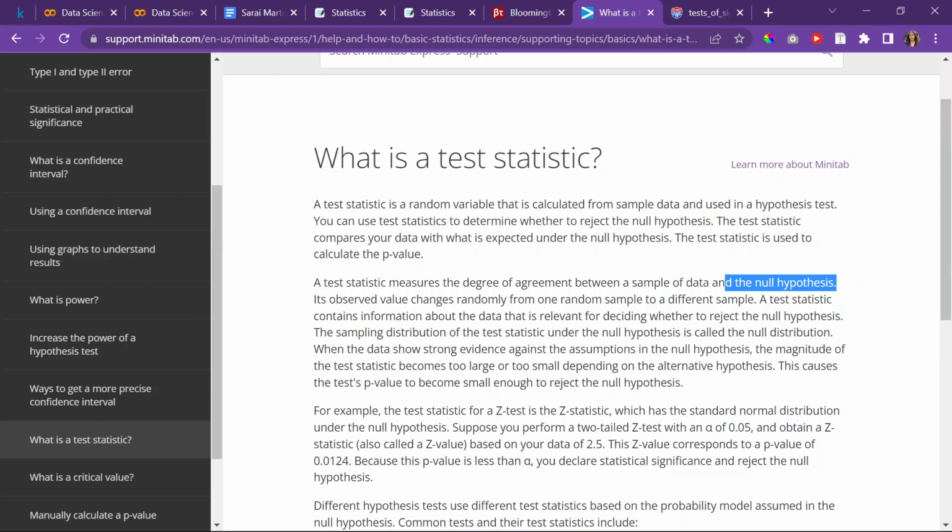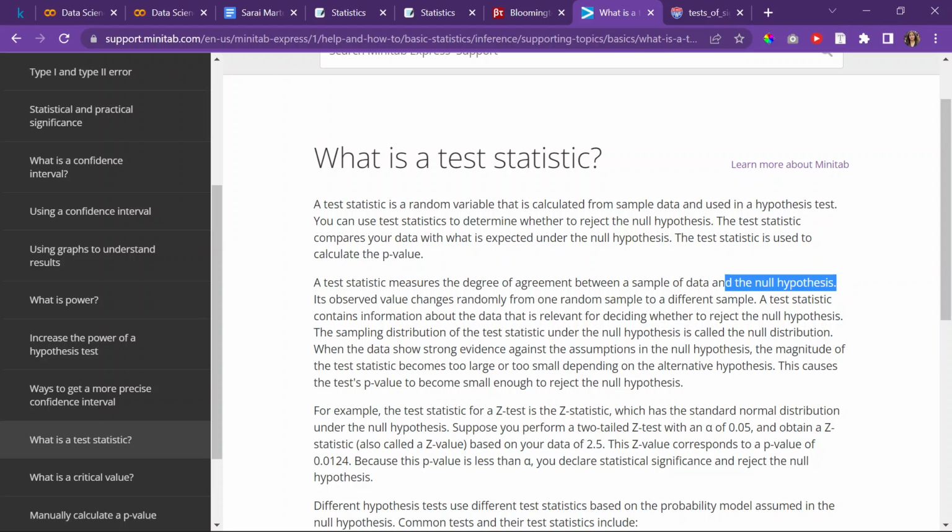Okay, so what do they mean by degree of agreement between a sample of data and the null hypotheses? So if my null hypothesis is the fact that my mu, or my mean, or my average difference in distance traveled by those gummy bears is 0, meaning that there is no difference, then if that's the null hypothesis, right? I'm trying to prove that there is a difference.